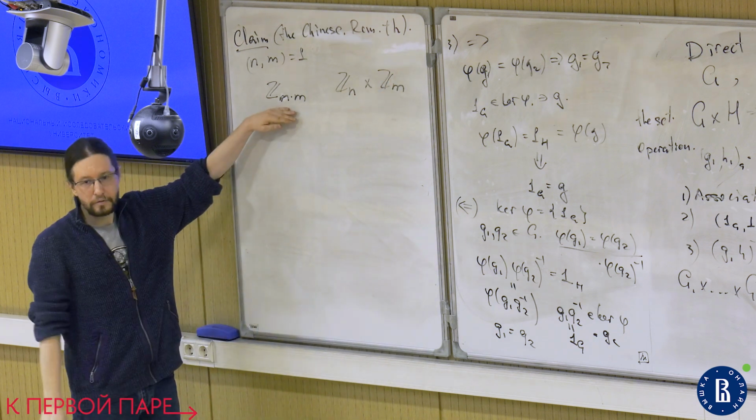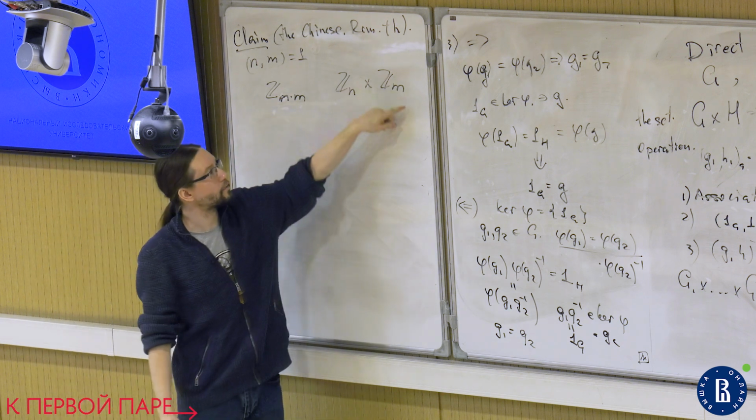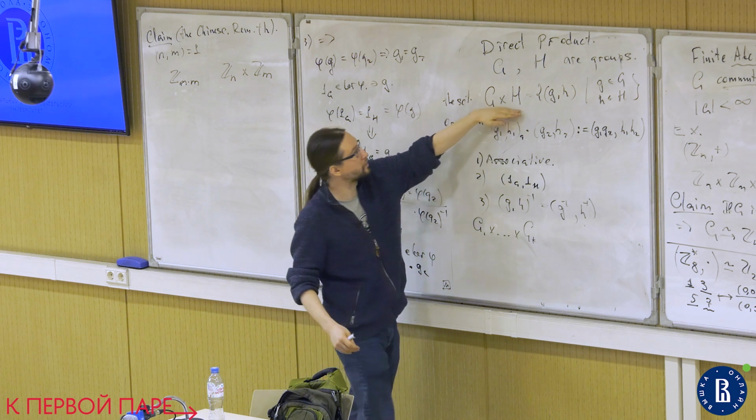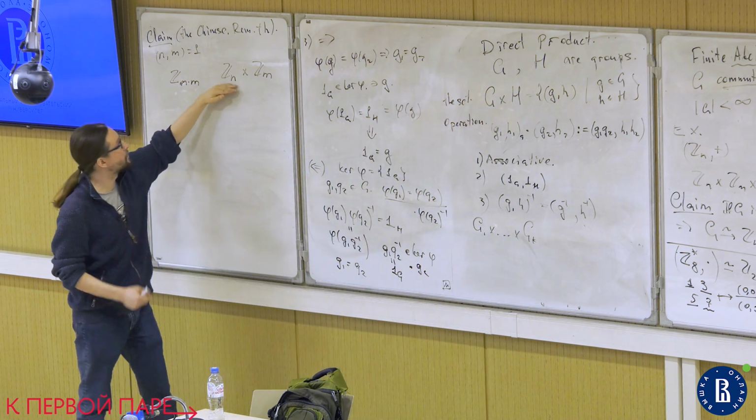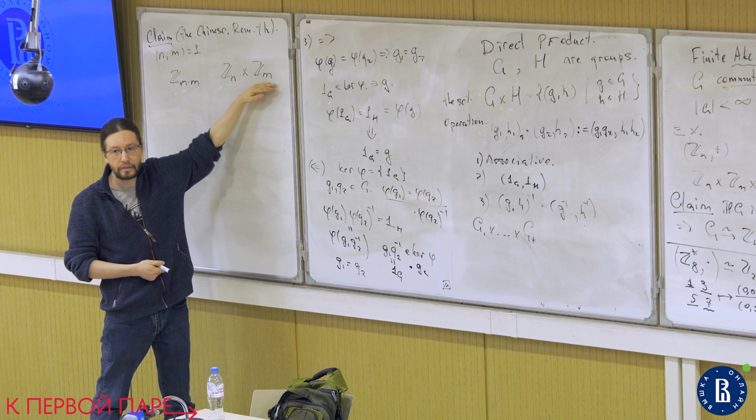So this is a group where the operation is addition modulo nm, and this is a group which is a direct product of two groups. Here the operation is addition modulo n, and here the operation is addition modulo m.